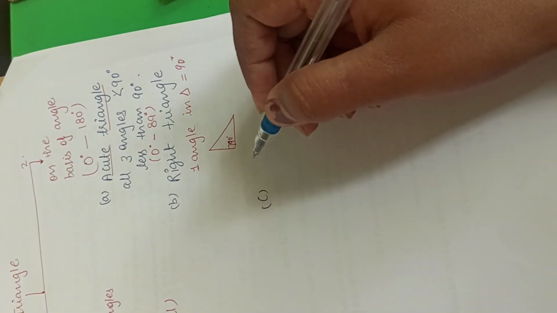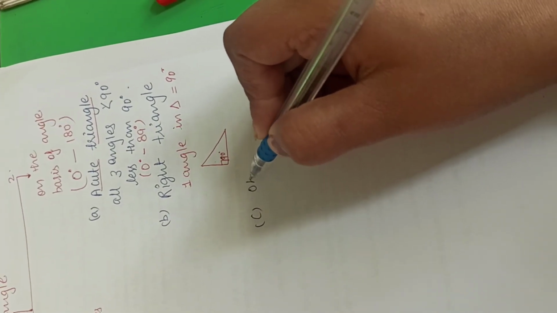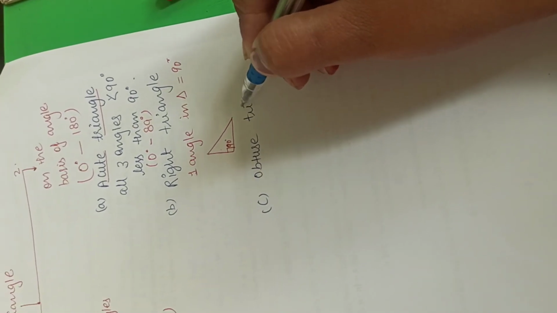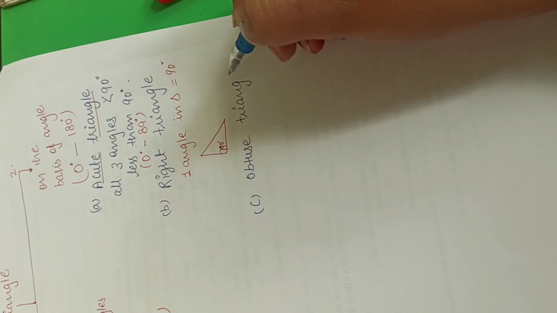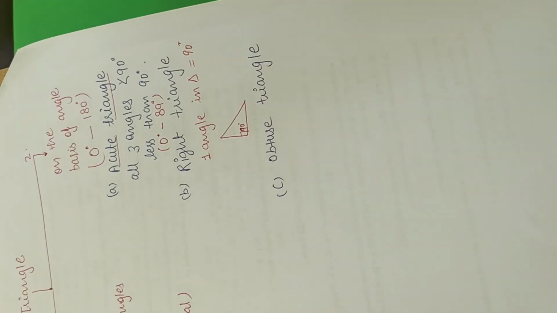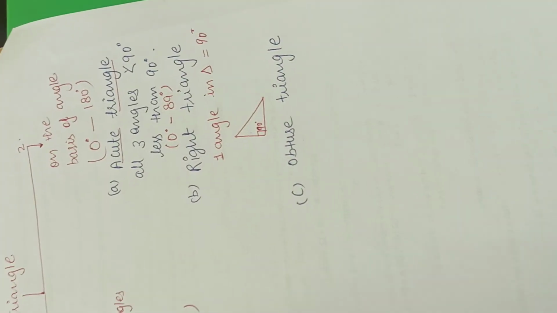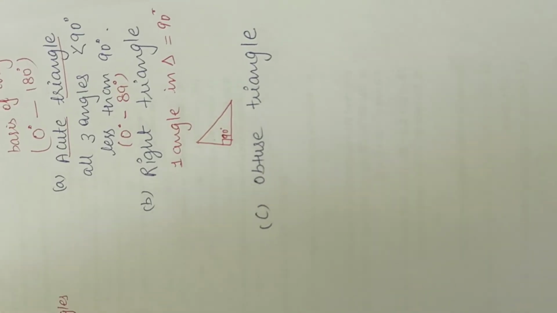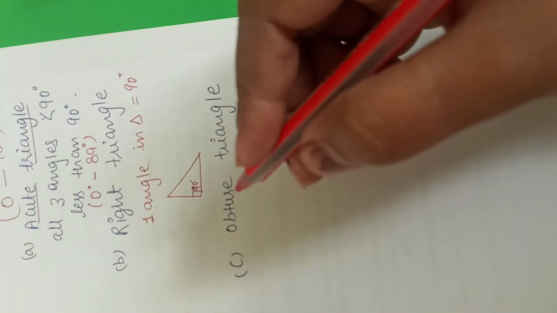And the C part, which is the last part of this, is obtuse triangle. Which one? Obtuse triangle. So students, what do you mean by obtuse triangle? A triangle in which an interior angle is more than 90 degree.